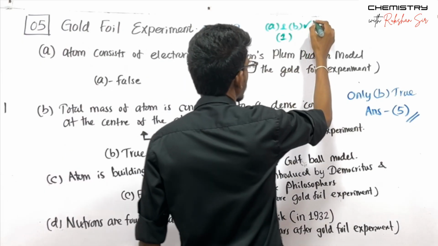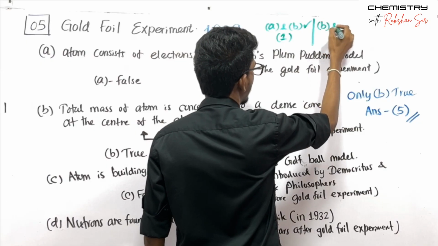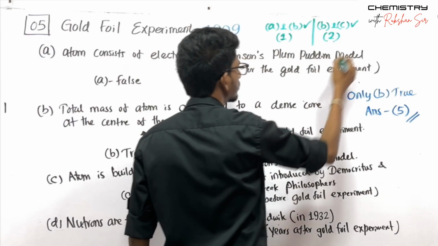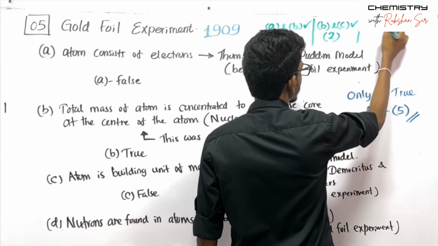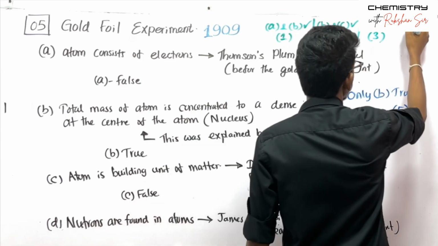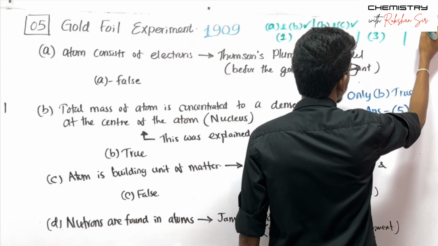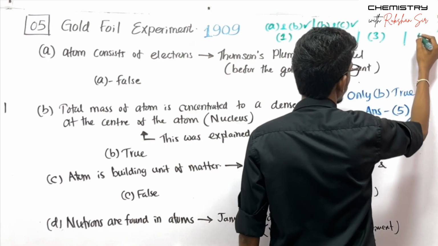If B and C are correct, you mark number 2. If C and D are correct, you mark number 3. If A and D are correct, you mark number 4.